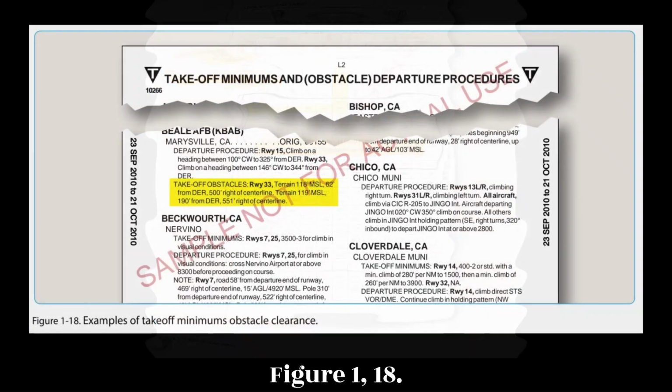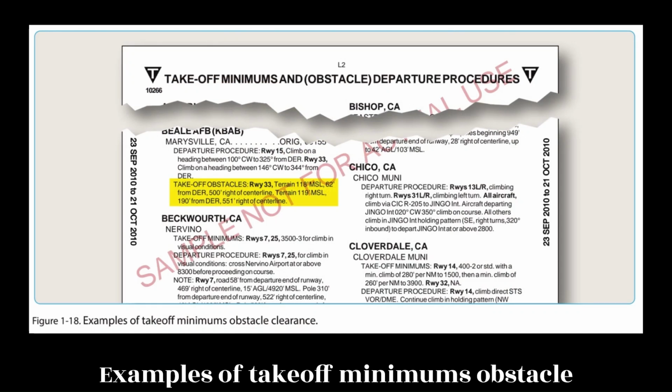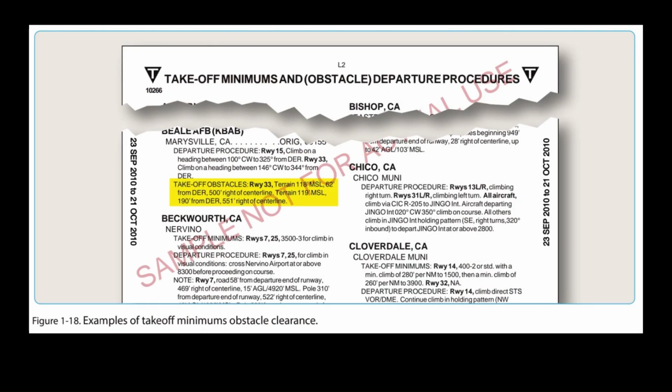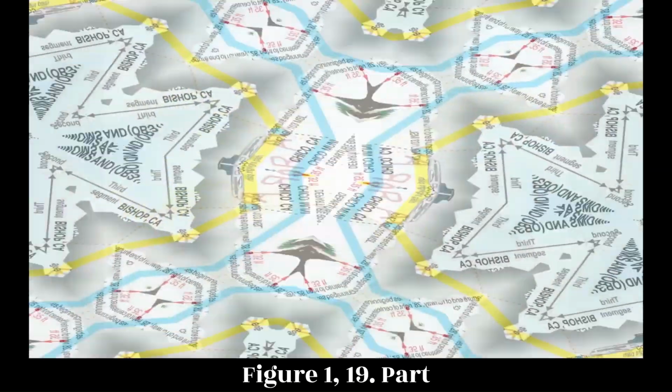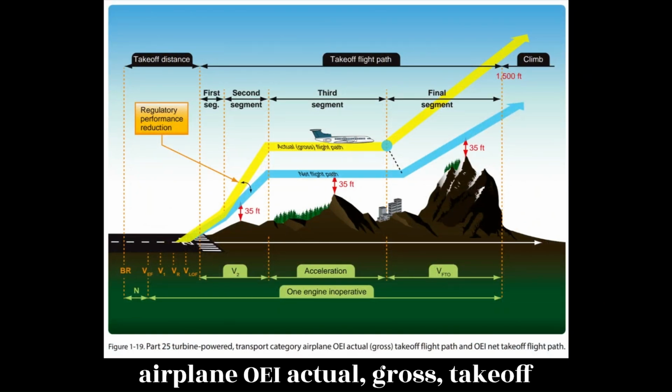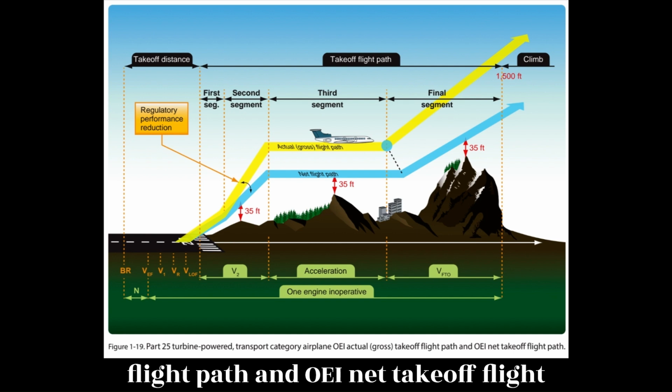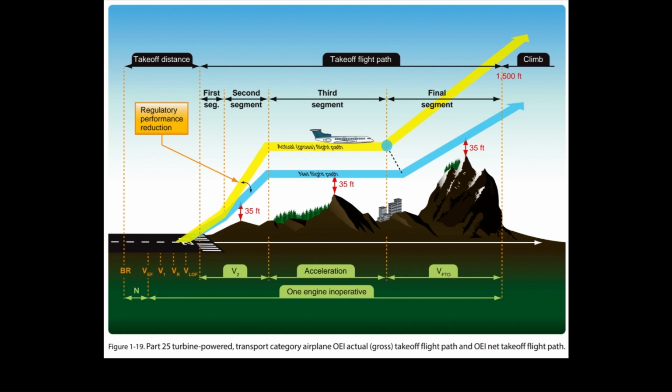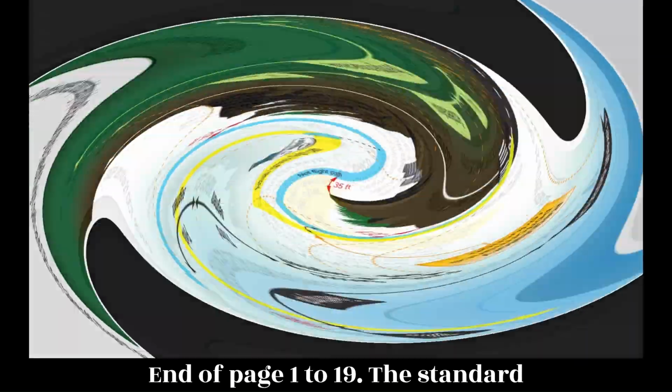Figure 1-18. Examples of takeoff minimums obstacle clearance. Figure 1-19. Part 25 turbine-powered, transport category airplane OEI actual gross takeoff flight path and OEI net takeoff flight path. End of page 1-19.